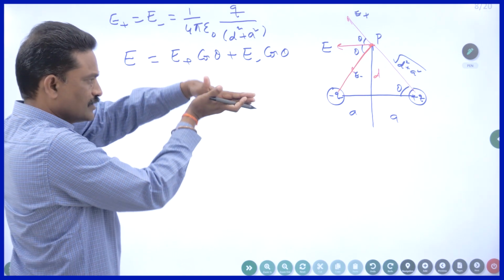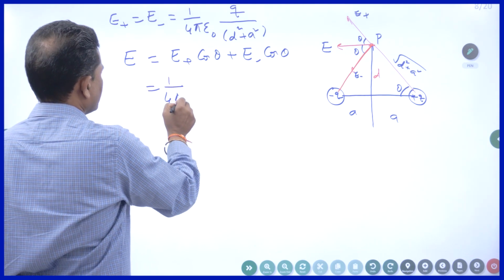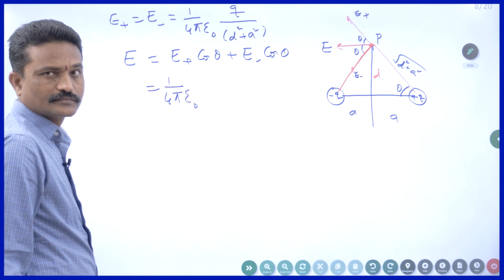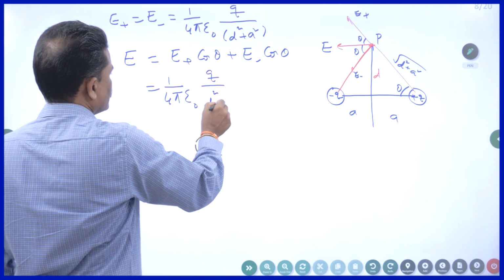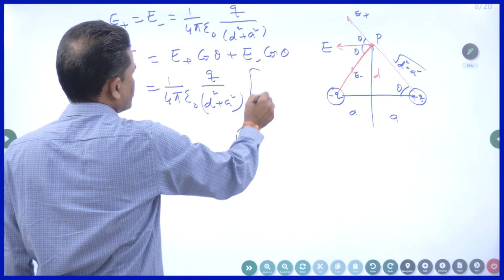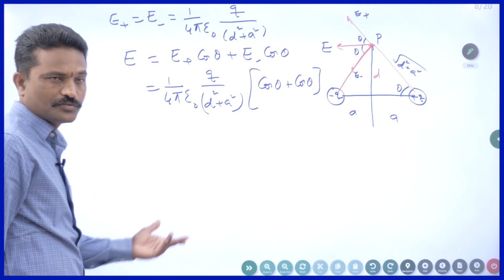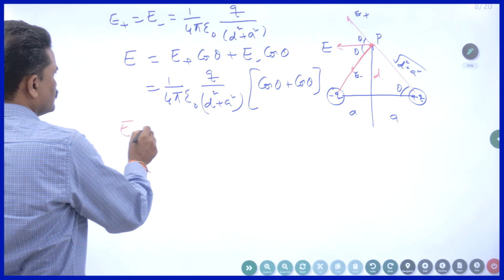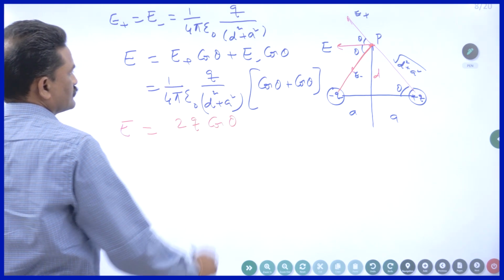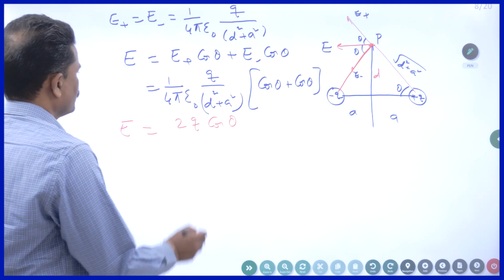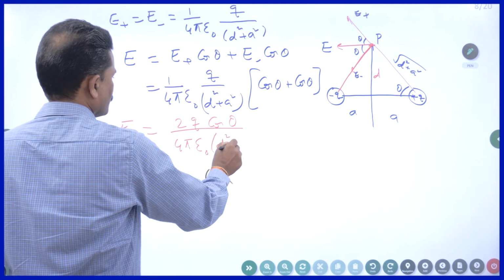So simply it is 1 by 4 pi epsilon naught q by d square plus a square times cos theta plus cos theta. That is 2 cos theta. So E is equal to 2q cos theta. Is this clear? Divided by 4 pi epsilon naught, d square plus a square.